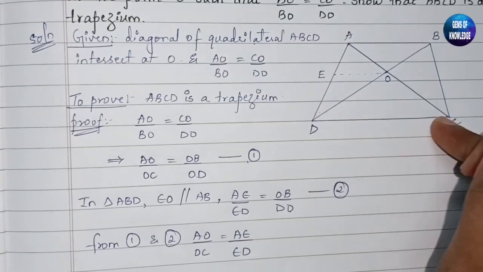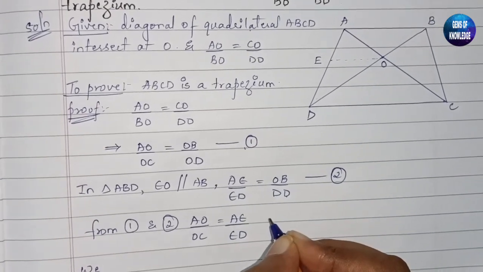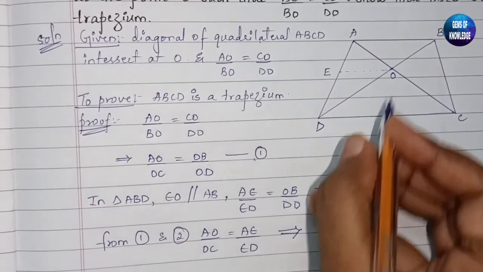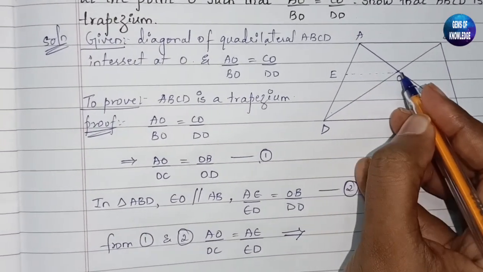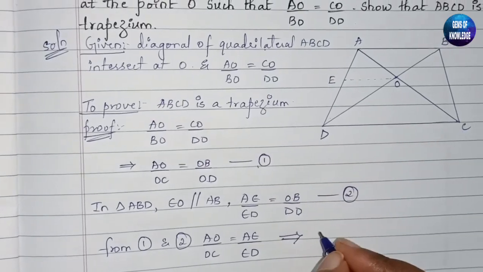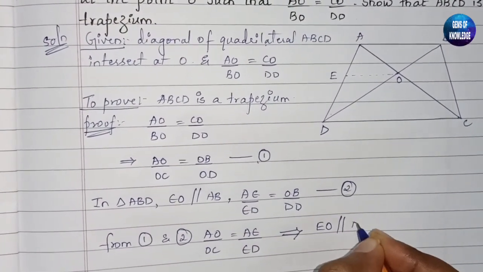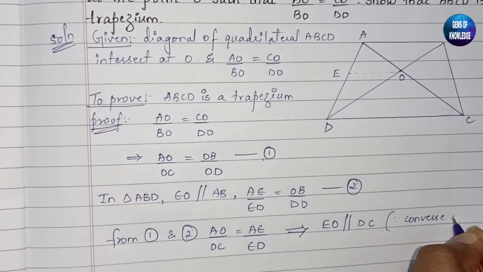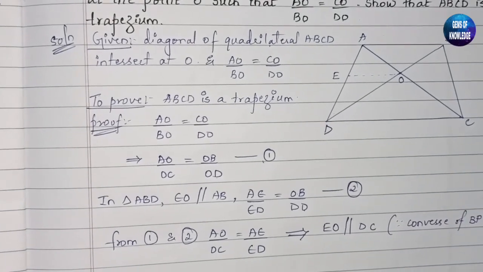It means we got triangle ADC. So in triangle ADC, since these are equal, we can write EO is parallel to DC, since it is the converse of BPT.